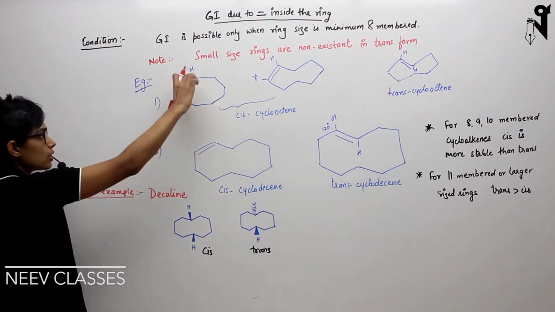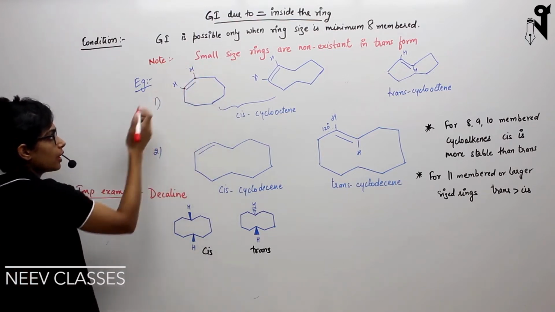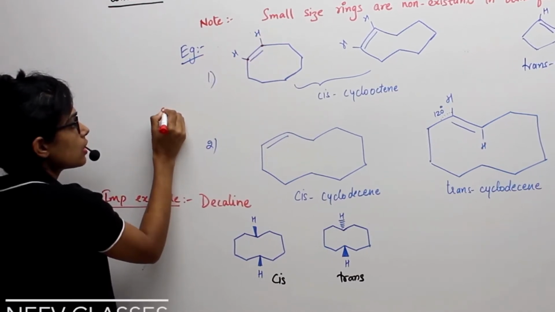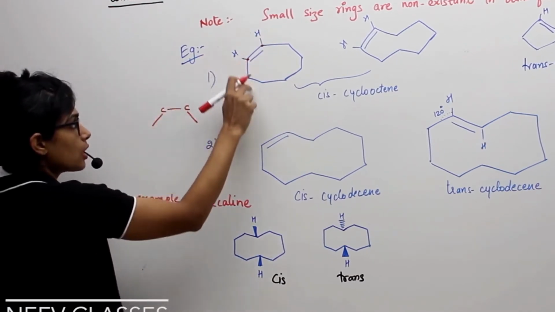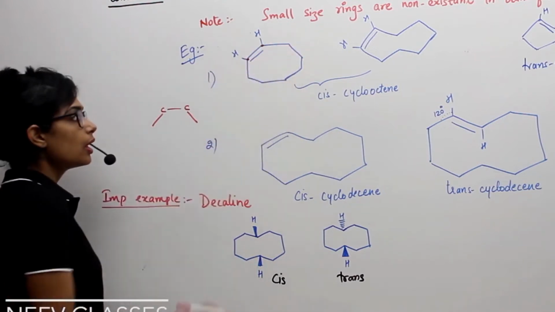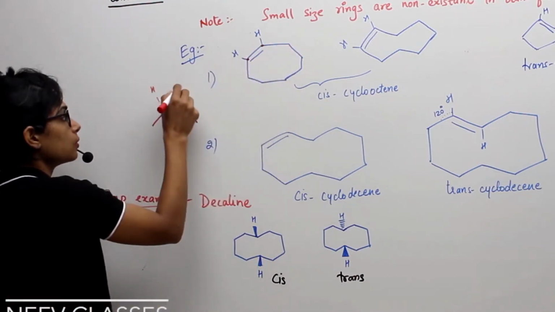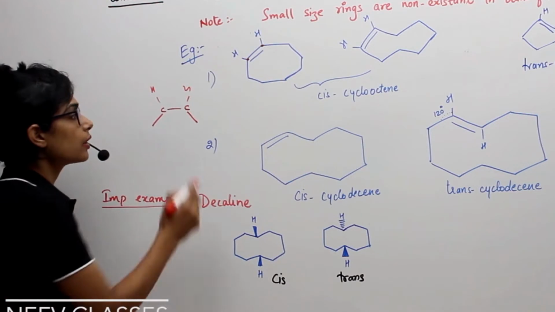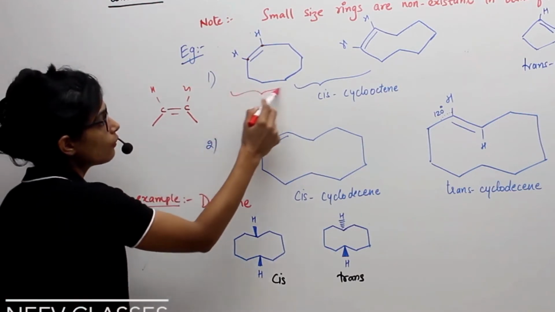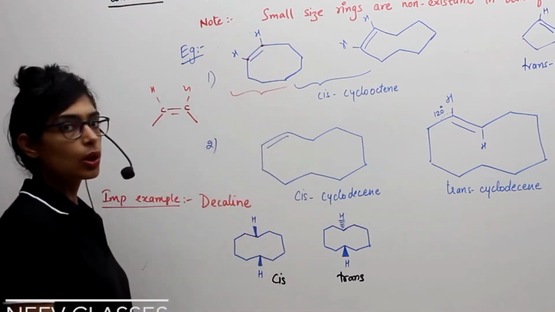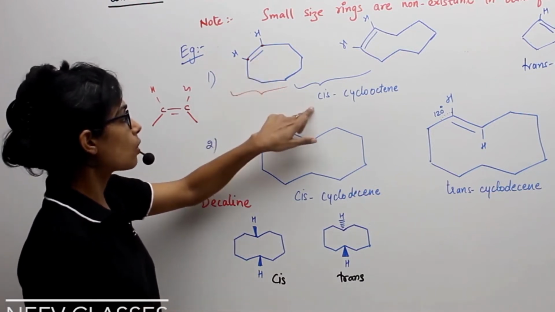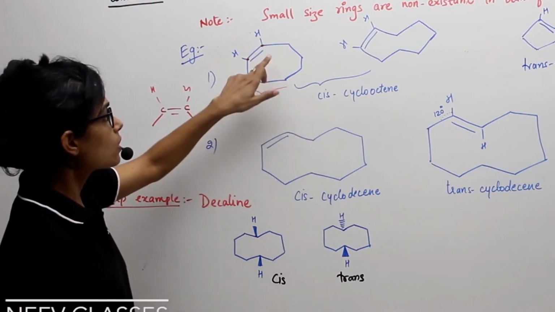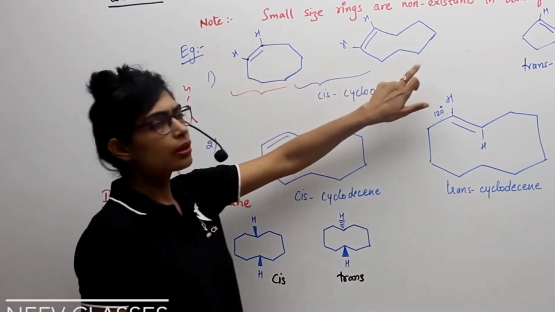If you fix it straight, you can see this is a carbon, this is a carbon, here is the carbon chain attached, here is the carbon chain attached. This is how the carbon chains are going, and hydrogen is upwards, and there is a double bond. This particular shape of cyclooctene where the double bond is here is called cis cyclooctene.